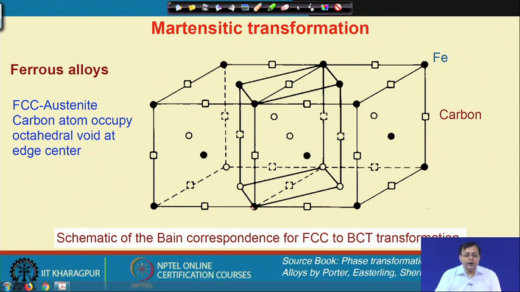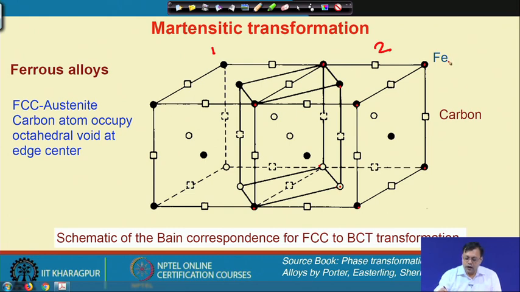Here there are 2 FCC lattices. This is the first one and this is the second one. Please have a look here. So, these are the iron atoms of lattice 2 and here is the face centered atom.